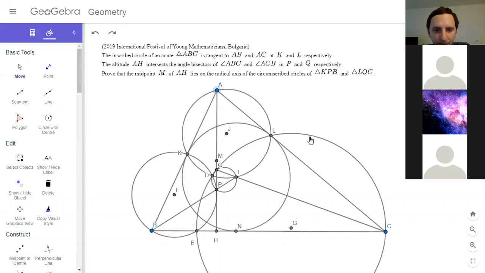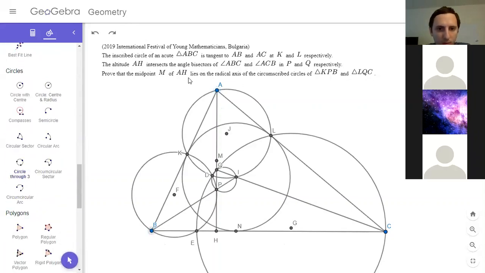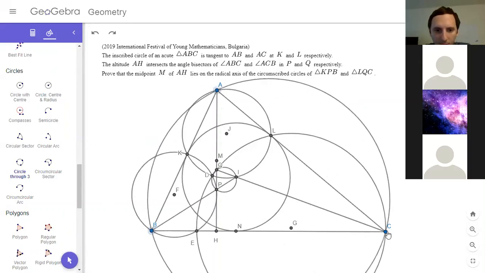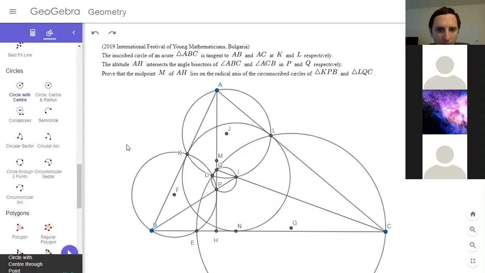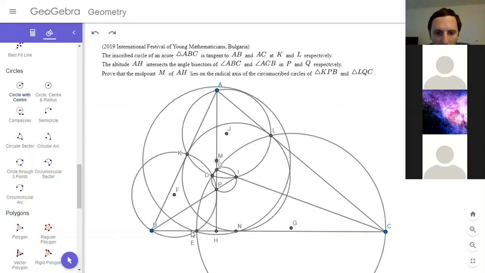Let's see. Oh, I think MI is equal to, or ME is equal to MN, it looks like.